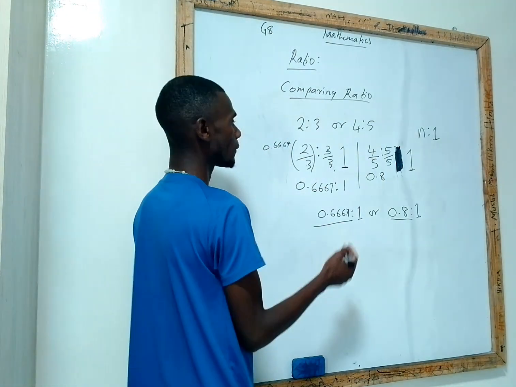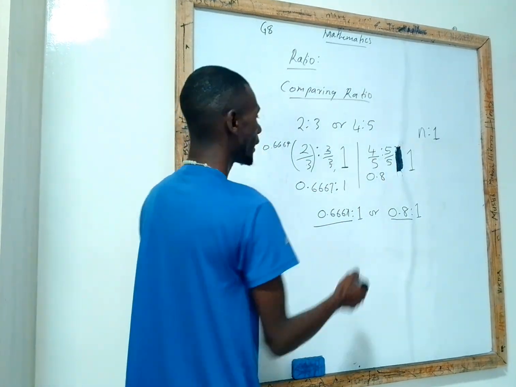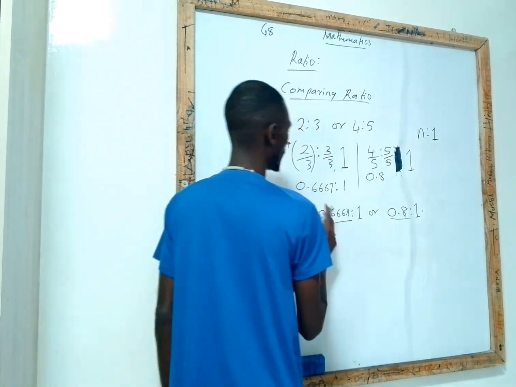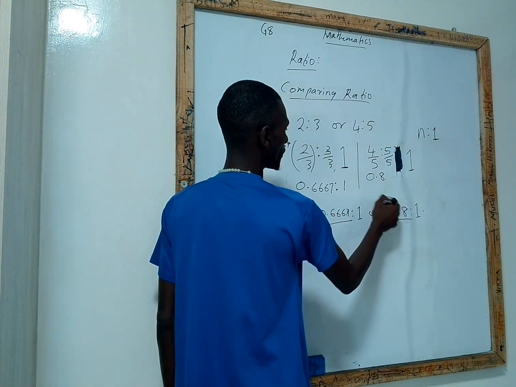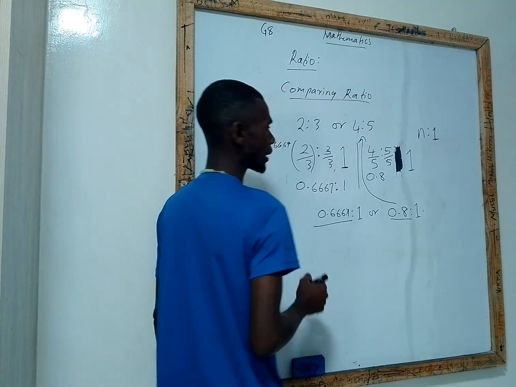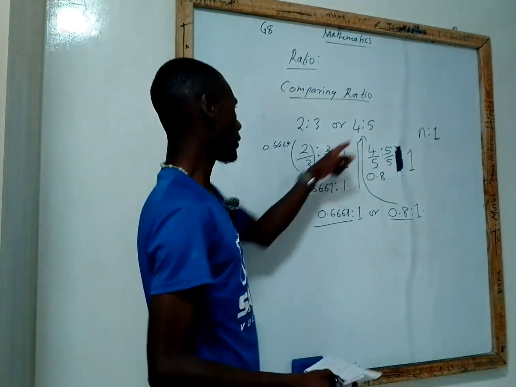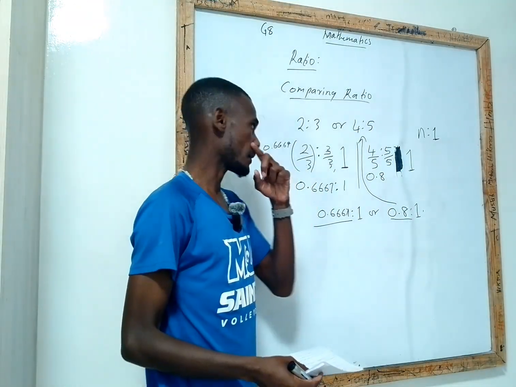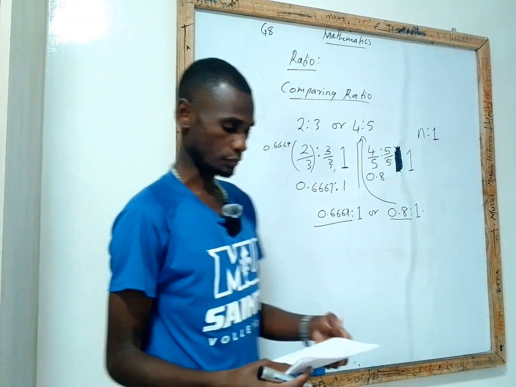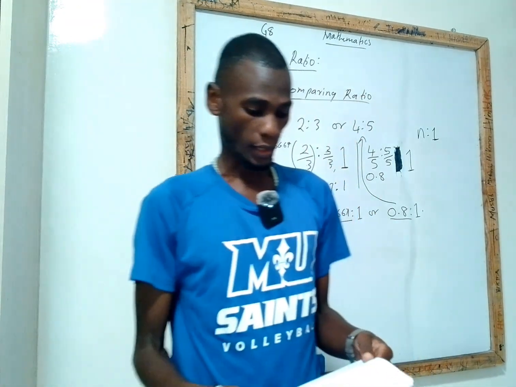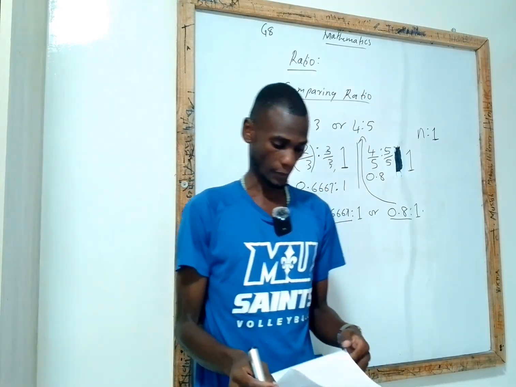So this one is greater than this, and this represented which ratio? That. So this method also gives us this ratio as greater than this ratio. I don't know whether that one is well understood.